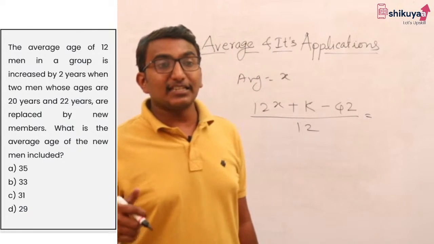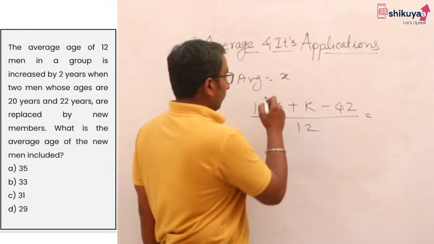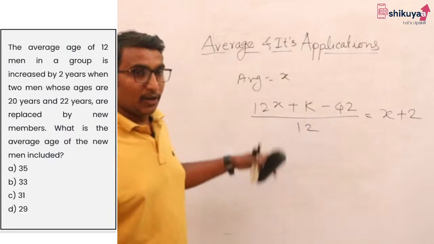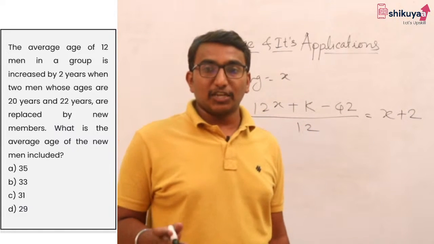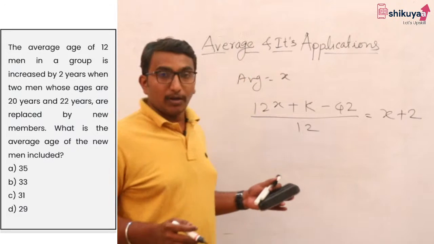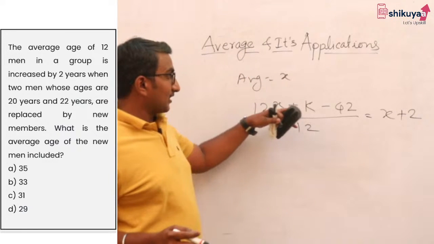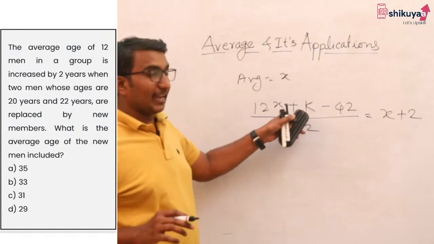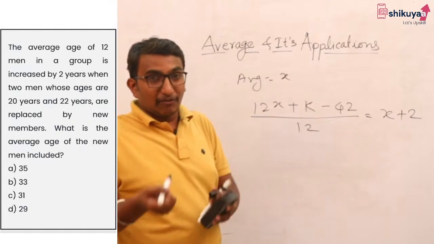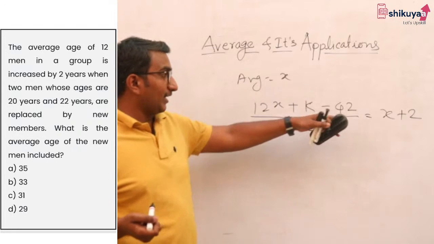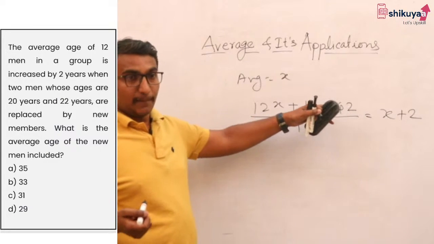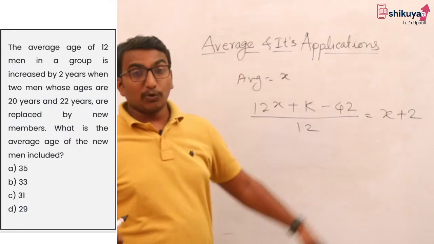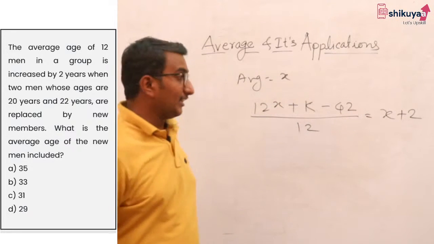It is increased by 2 years. So earlier it was x, here it will become x plus 2. Try to understand, the same type of equation which we made in the earlier problem. 12x plus k minus 42, divided by 12, is equal to x plus 2, because the average is going to be increased by 2.